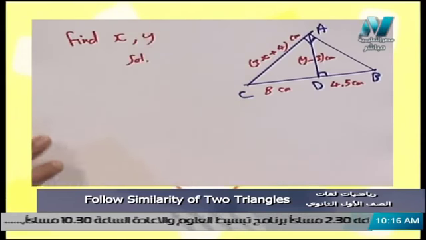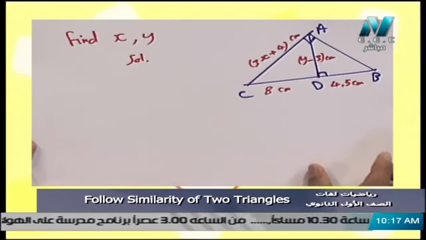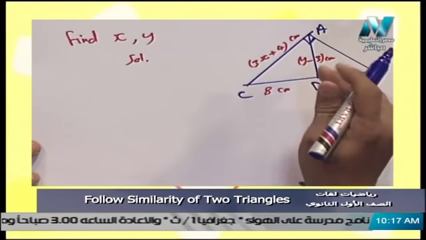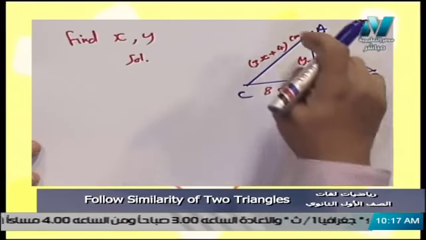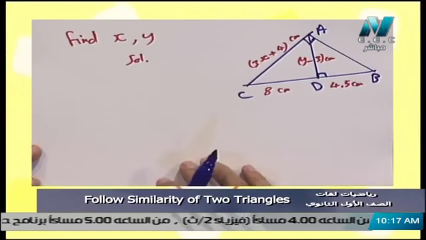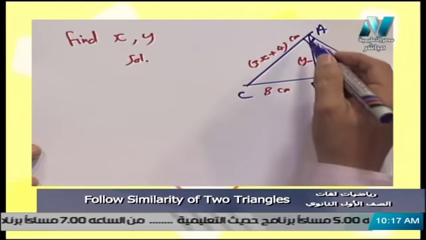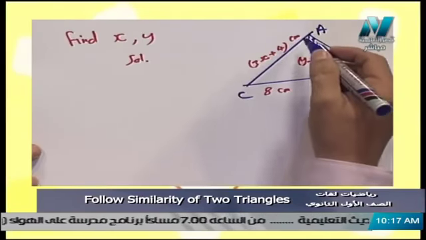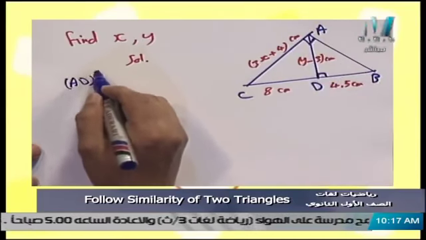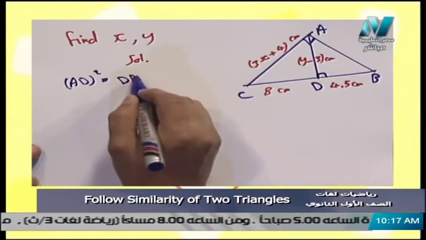The solution here is very easy because of the similarity of the 3 triangles, triangle ADB, triangle ADC and triangle ABC, which we studied before. We will use the rules to find y here. We will use the rule AD power 2 equals DB multiplied by DC.